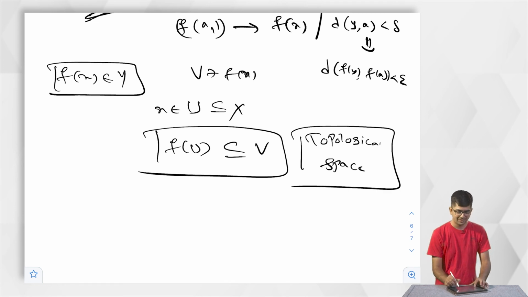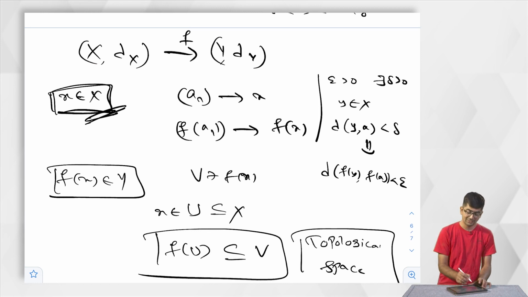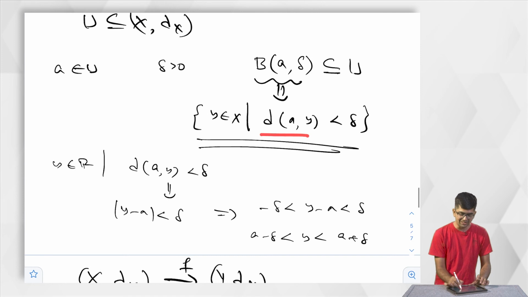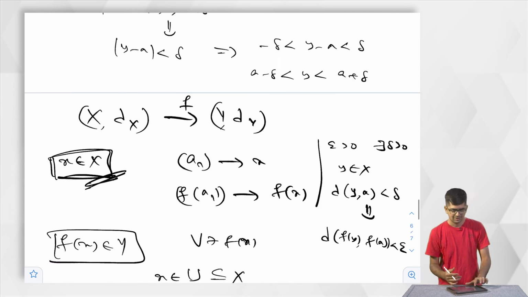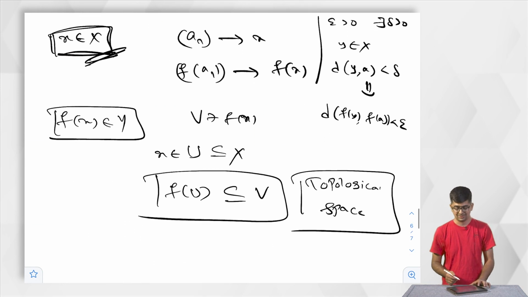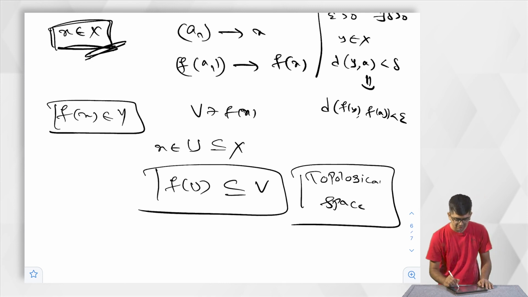So a topological space is a set X with a notion of open subsets. To talk about open subsets here, we need the notion of metric and all that, right? But the notion of open subset can be described even without a metric. That we will see maybe in the next semester or a later semester. That is what is called a topological space.